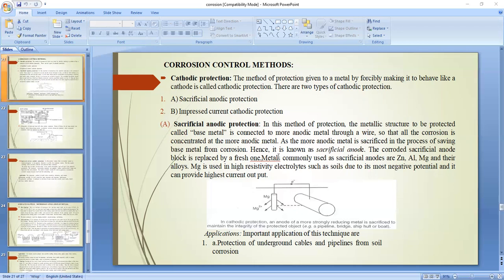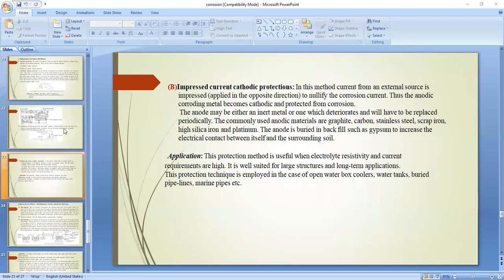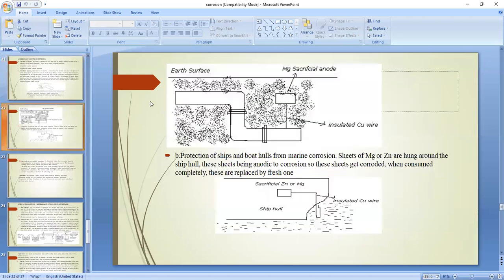there are a few examples like here. I've taken a ship. These are the underground pipelines. So we need to protect the underground pipelines from corrosion. Let us consider this underground pipeline is made up of iron. So iron is the base metal over here.